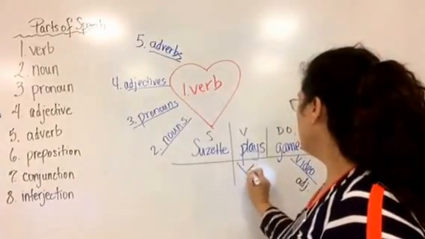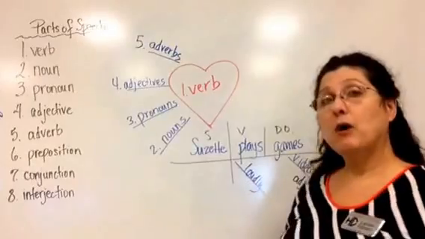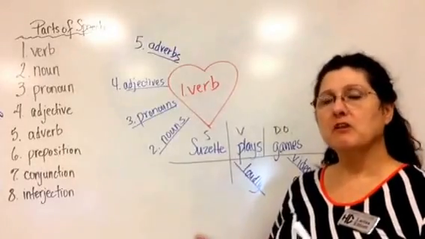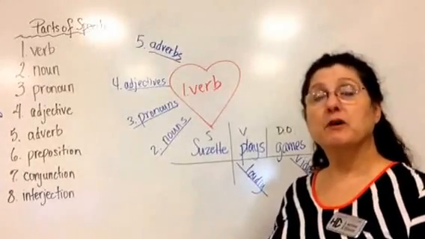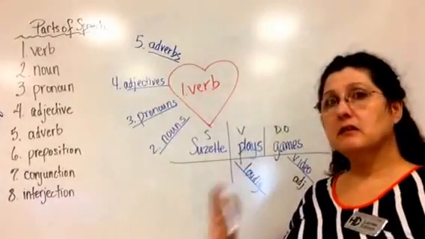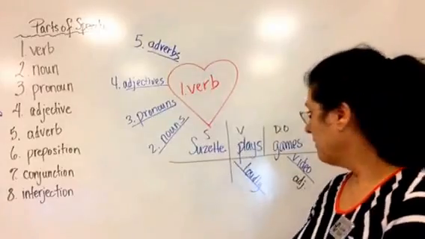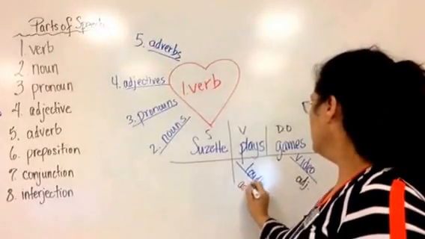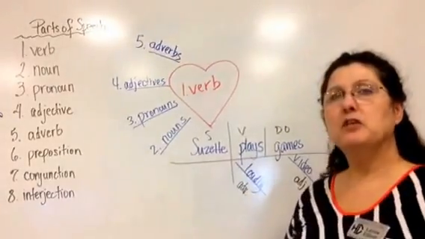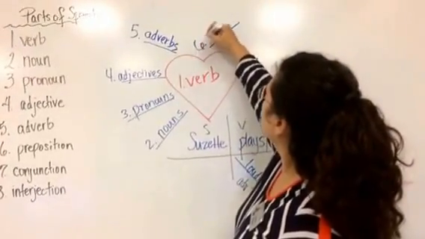Let's say the word loudly. Most people are going to recognize that a word that ends with an ly is an adverb. We can talk about those forms of different types of adverbs. But loudly is a nice, clear adverb. It tells us how she plays, so we can talk about that as being used as a part of speech in this sentence, okay?